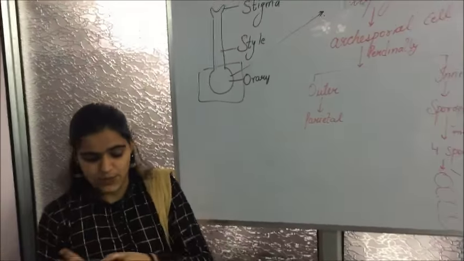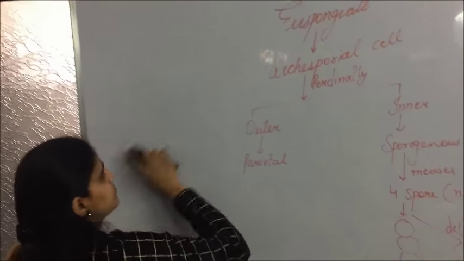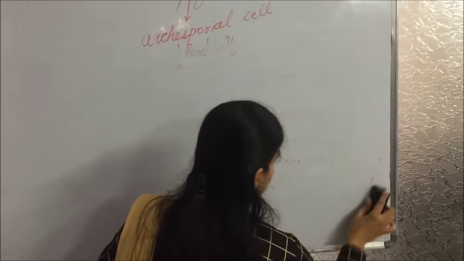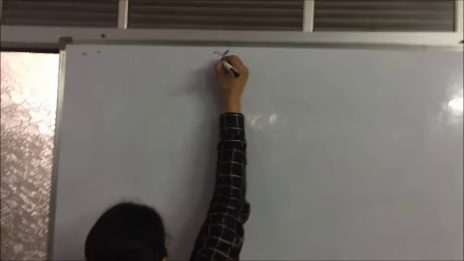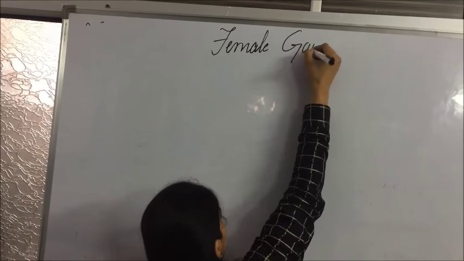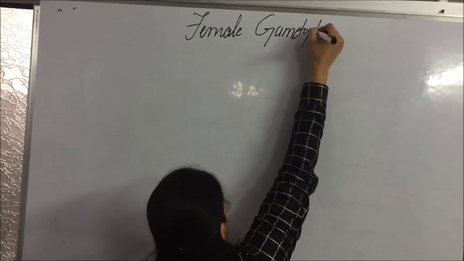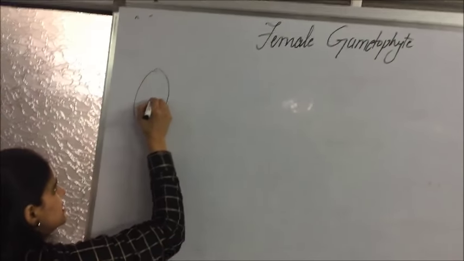Now we will discuss the female gametophyte. Last time we saw that there is one female gametophyte cell, that is this.